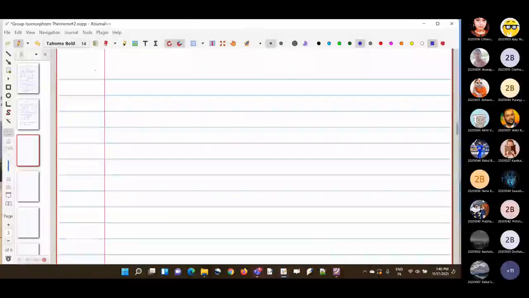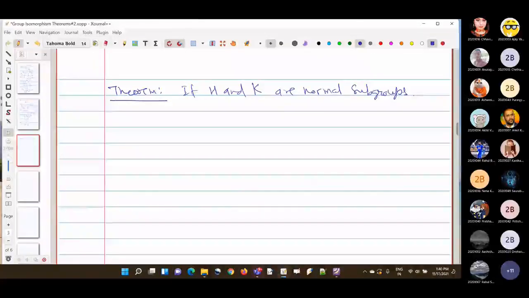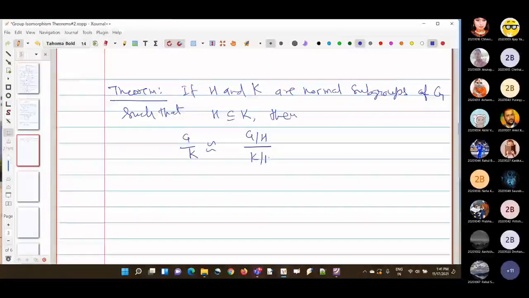So that result is that if H and K are normal subgroups of G, where G is a group, such that H is contained in K, then the quotient group G by K is isomorphic to the quotient group G by H over K by H.